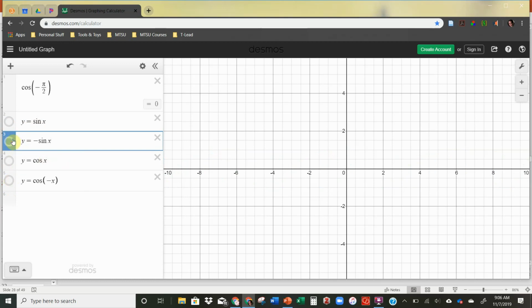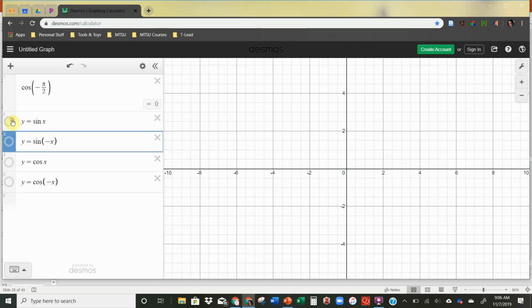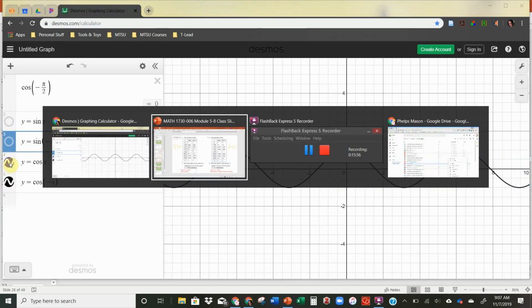This was supposed to be y equals sine of x and y equals sine of negative x. But because those are the same, you can see how that's working out. I typed it out incorrectly, but it has the same meaning. On the other hand, cosine of negative x and cosine of x, there is no change whatsoever. It is symmetric about the y-axis, but not about the x-axis. And so we call that an even function.